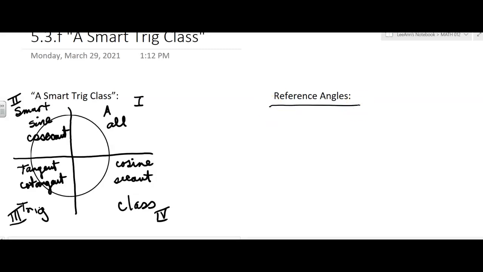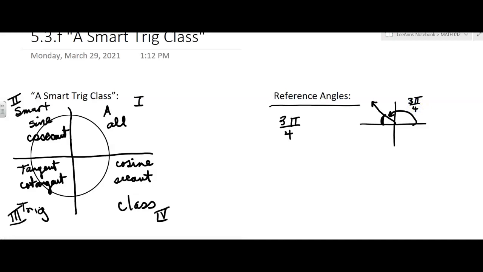So let's say we have an angle, 3 pi over 4. Well, 3 pi over 4 is over here in the second quadrant, and it has a reference angle right there.